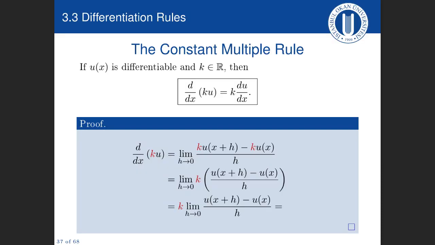We get k multiplied by this limit, but this limit is just the derivative of u. So just using the definition of a derivative and using the constant multiple rule for limits, we can prove the constant multiple rule for derivatives.